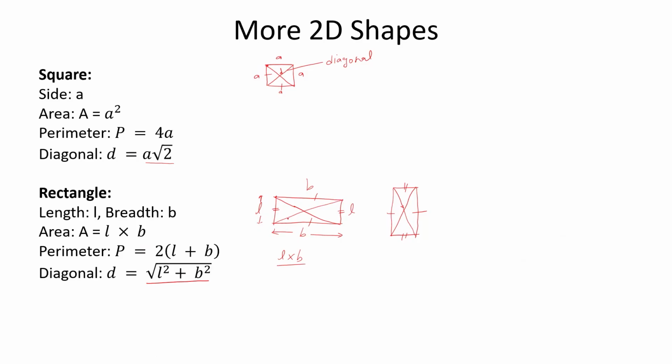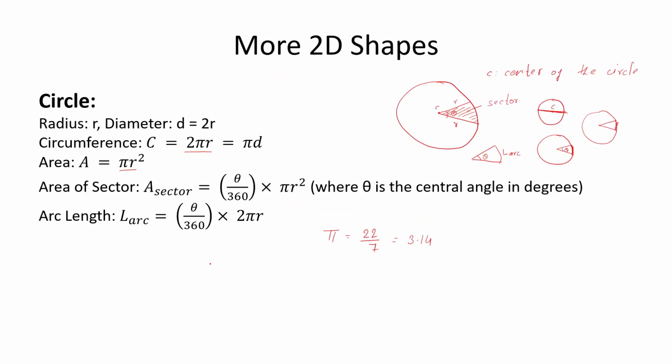If L and B, two sides, are given, then the area of a rectangle is given by L into B. Perimeter is 2L plus 2B because it is L plus B plus L plus B. So you are counting B twice and you are counting L twice. So 2 times L plus B. Diagonal is given by this formula, root of L square plus B square.